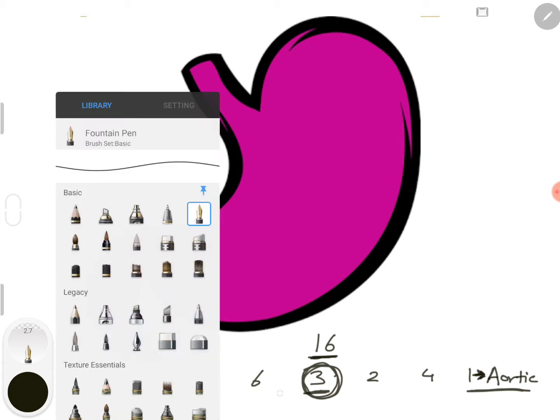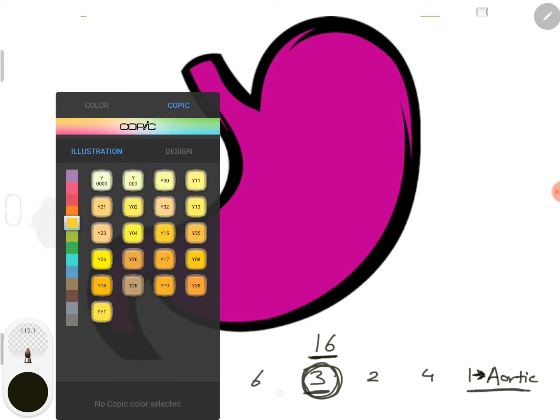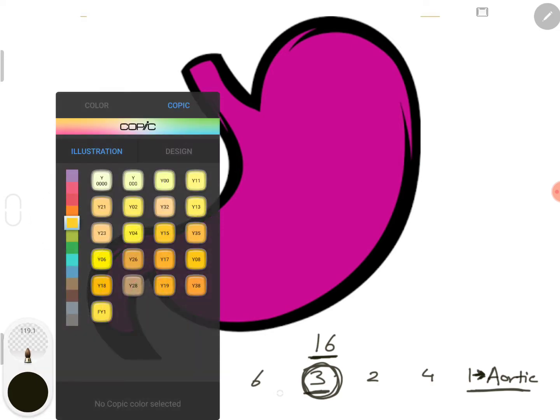So let's take a look at the first group, and we are going to use this color.